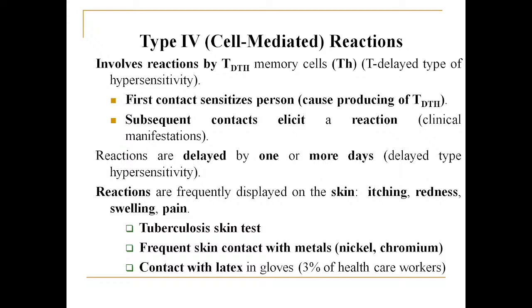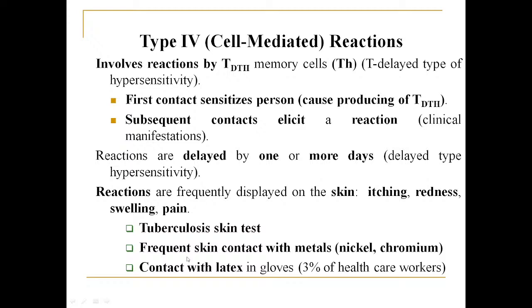Cell-mediated reactions are delayed by 1 or more days. That's why it is called delayed type of hypersensitivity. Reactions are frequently displayed on the skin: itching, redness, swelling, and pain. Delayed or cell-mediated reactions occur in tuberculosis skin test because of hypersensitivity to Mycobacterium tuberculosis, and that's why it can be used in diagnosis, you remember.